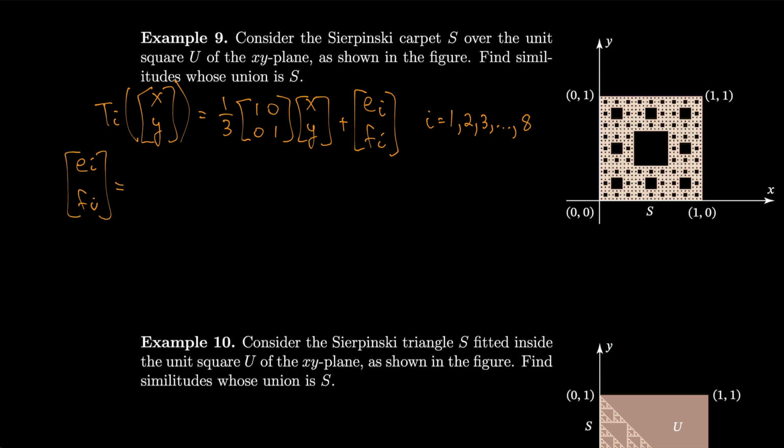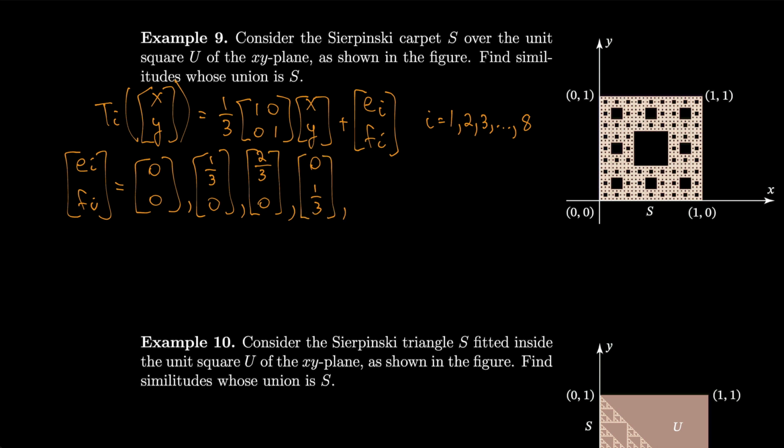So that should be 0, 0, 1/3 for the first one. We'll translate, won't move it up. For the second one, we'll keep going. We'll do 2/3 this time. Again, not move up yet. Then how about we move up 1/3? And then we could translate 2/3, move up 1/3. Why not? We could move up 2/3.